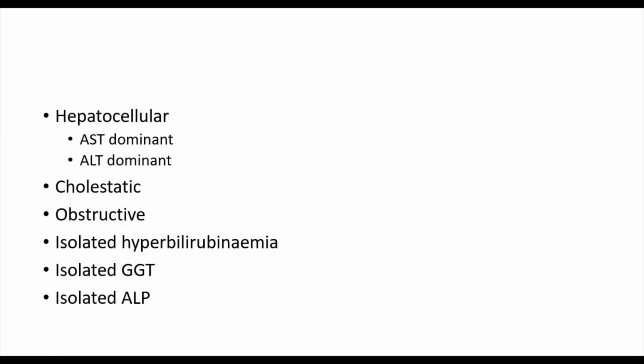And so if the AST to ALT ratio is more than 2, and particularly more than 3, this is suggestive of alcohol being an underlying etiology. But it can represent any other etiology that causes liver necrosis, particularly ischemic necrosis.